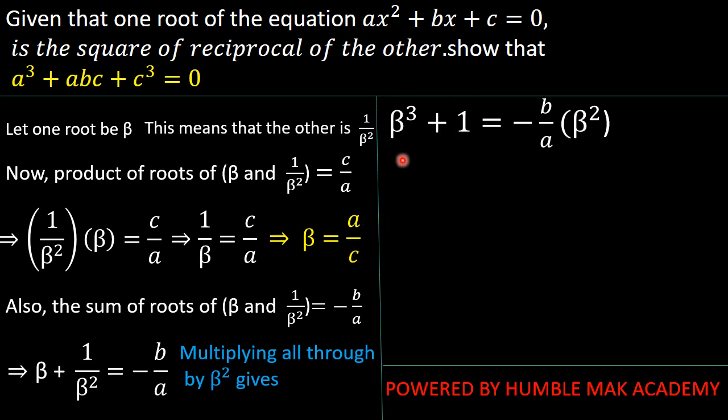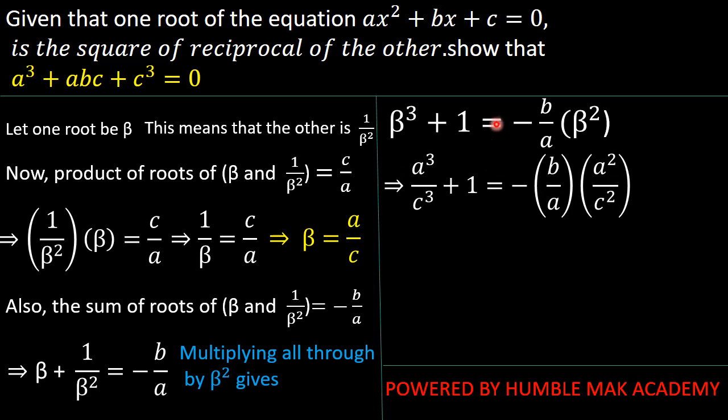So we are simply going to replace everything here with a over c. So we are going to have a cube over c cube plus 1, which is the same as negative b over a, which stays. Then beta squared, since our beta is a over c, gives us a squared over c squared.